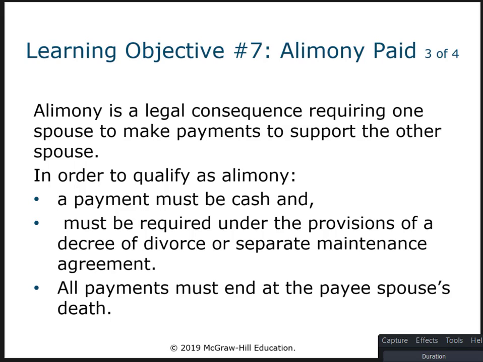So if I have an agreement to pay the mortgage on the house, even though I don't live in it, for my ex-spouse, if it is a 15-year mortgage, I could pay it past my spouse's death, and therefore it would not be alimony. There has to be that condition that it ends at the death.